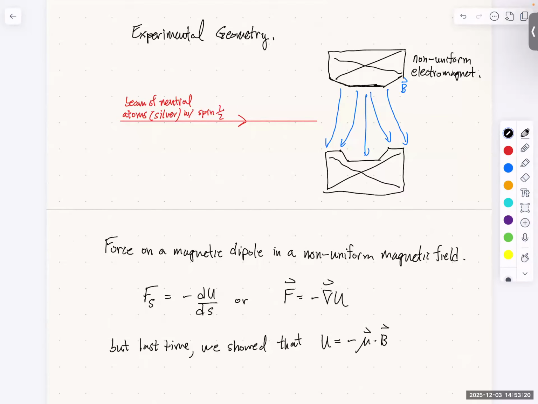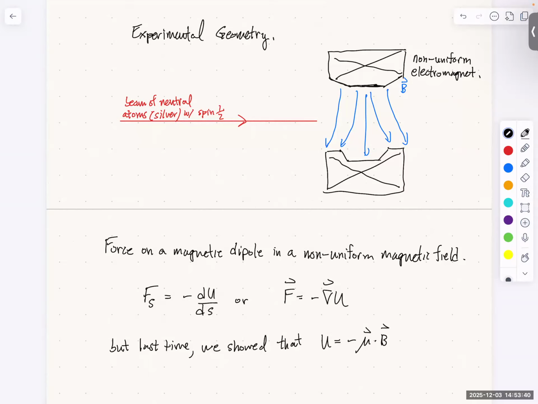And so maybe we'll just stop here for a second and understand why a non-uniform field was required. We're going to end up taking the gradient of this thing. When I take the gradient of the magnetic field, I want that to be not zero.